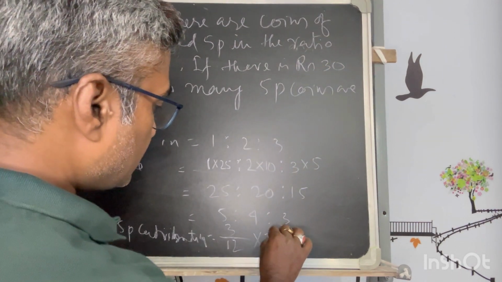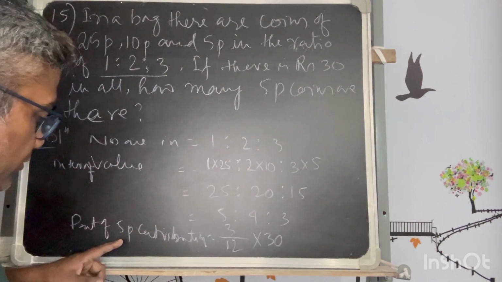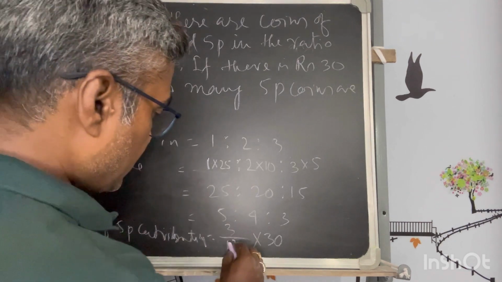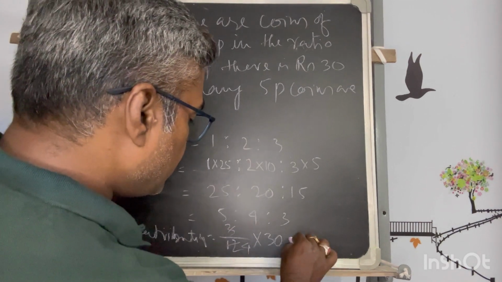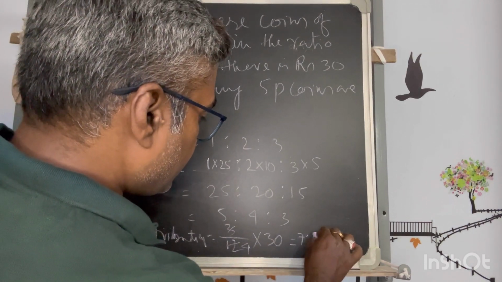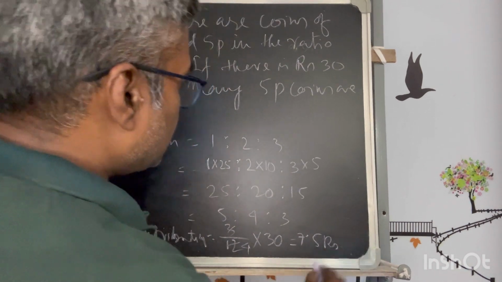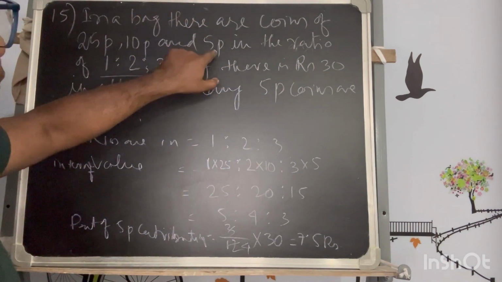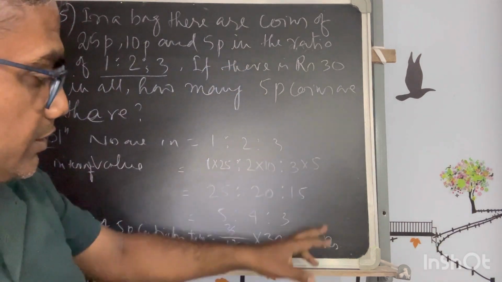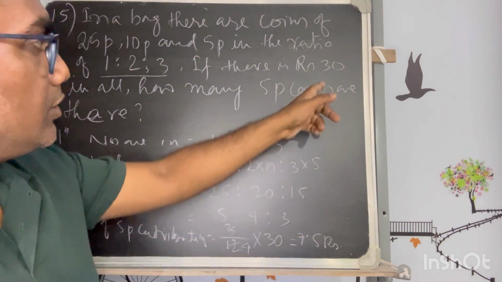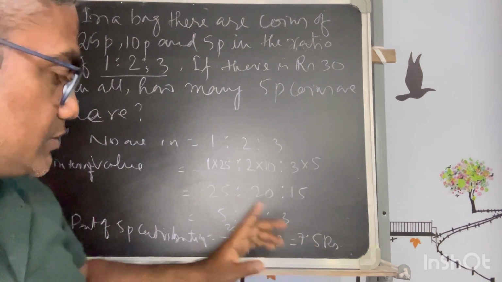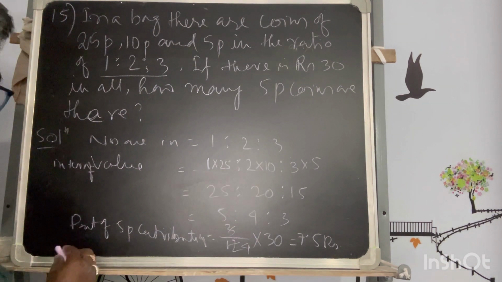So by valuation how much is it contributing? That means 7.5 rupees. That is the amount of 5 paisa, if it is converted into paisa, out of 30 rupees will be 7.5.